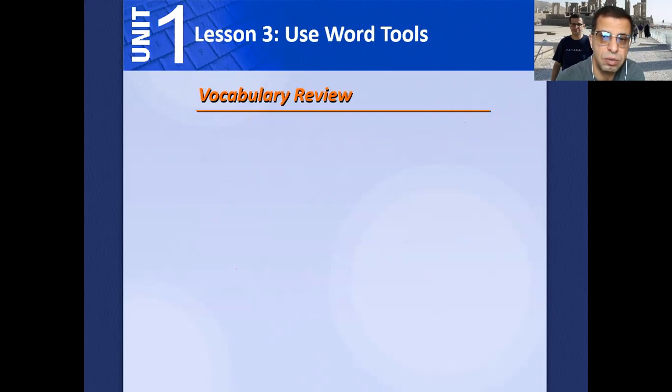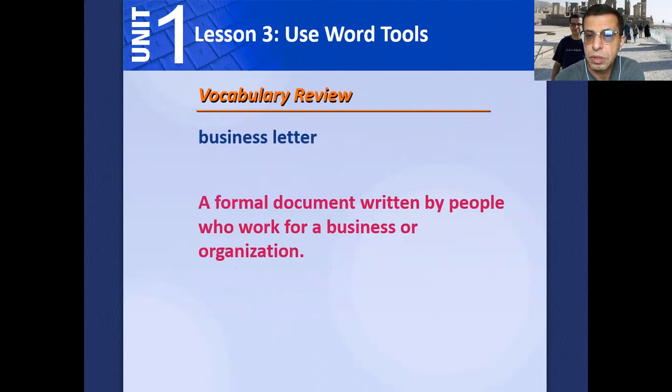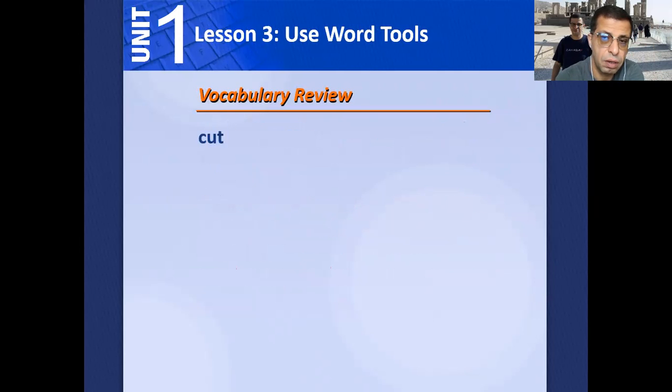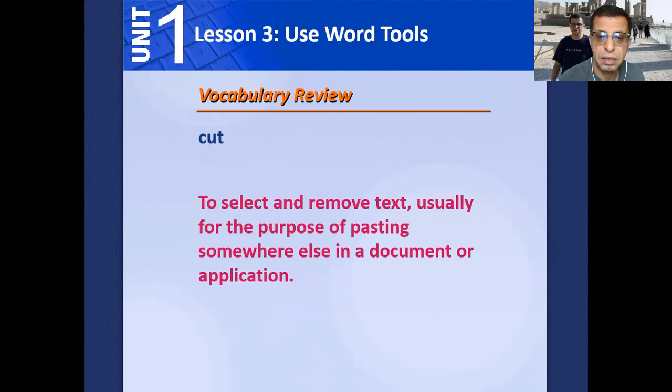Things that we need to know, vocabularies. Business letter: a formal document written by people who work for a business or organization. Cut: to select and remove text, usually for the purpose of pasting somewhere else in a document or application.